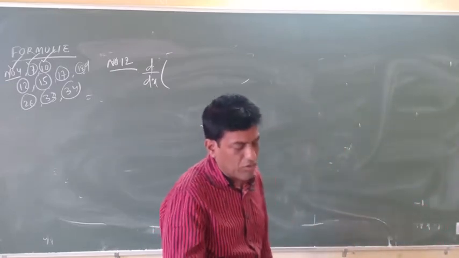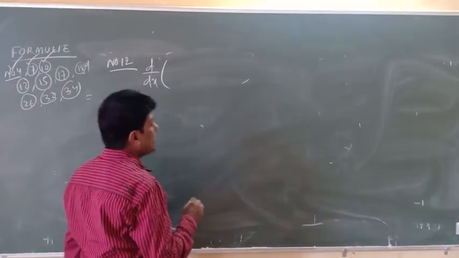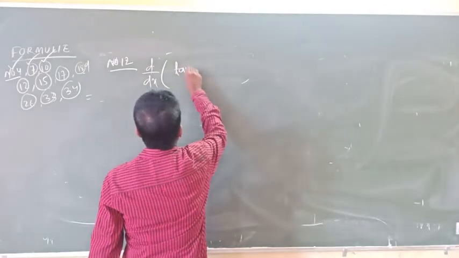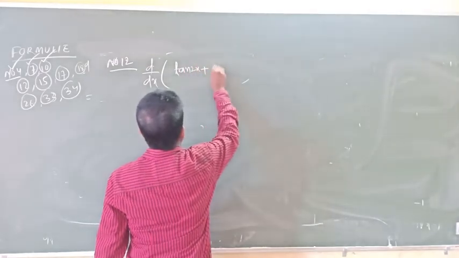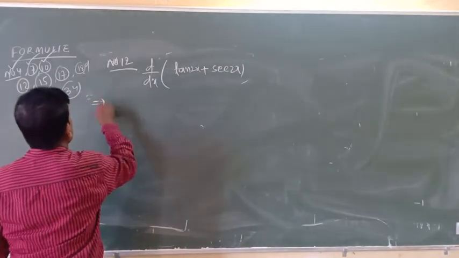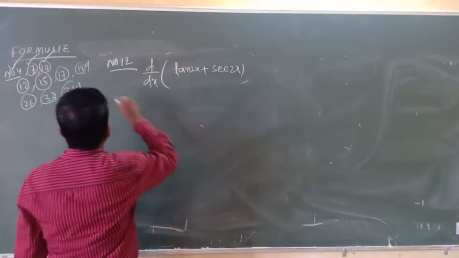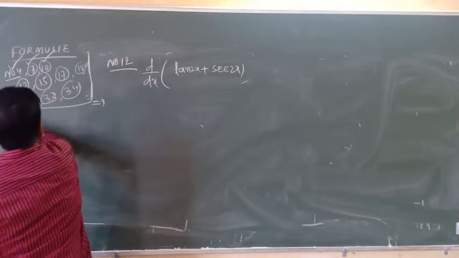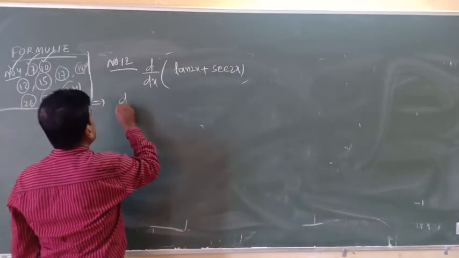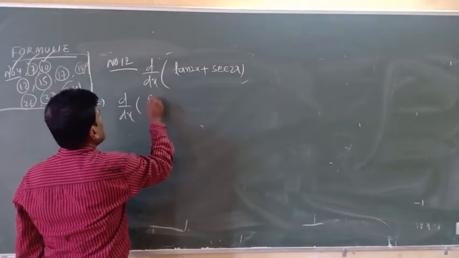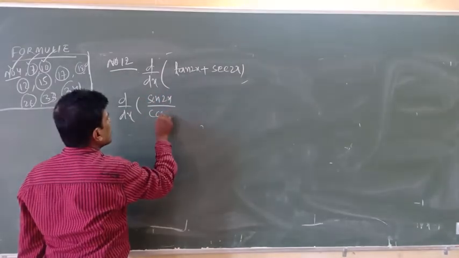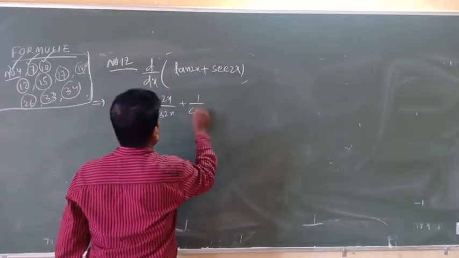So now you are going to face this reality. Number 12 is of this type: d by dx of tan 2x plus sec 2x, that equals d by dx of sin 2x by cos 2x plus 1 by cos 2x, since tan theta is equal to sin theta by cos theta.